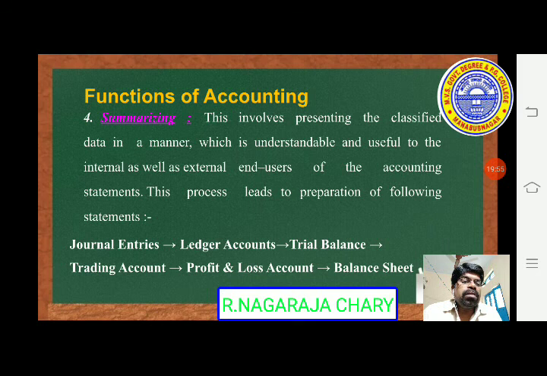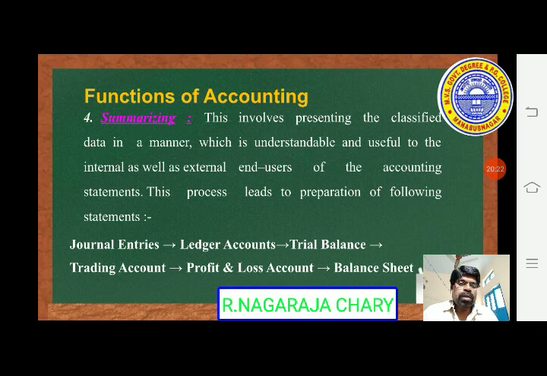Of course, now we can give a simple classification. Every transaction gives us two aspects. One is the giving aspect, another one is the receiving aspect. These two aspects are to be recorded in the books of accounts.